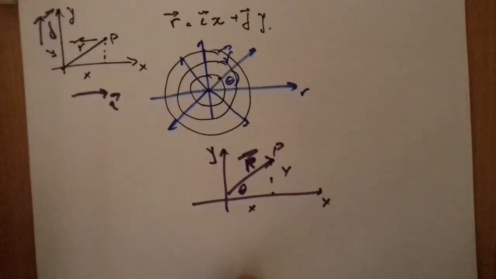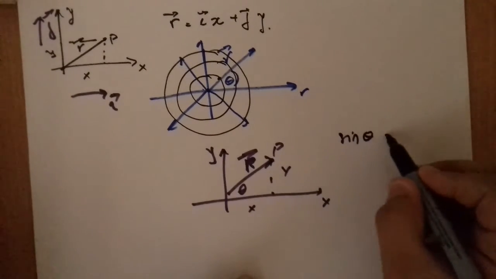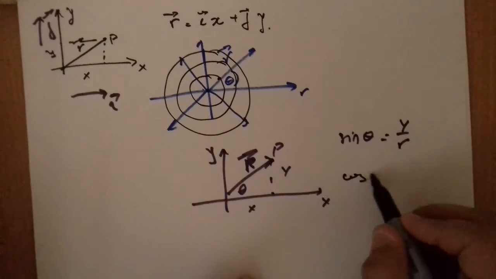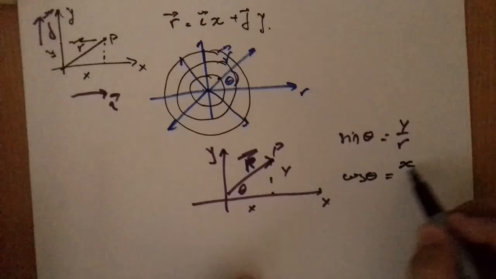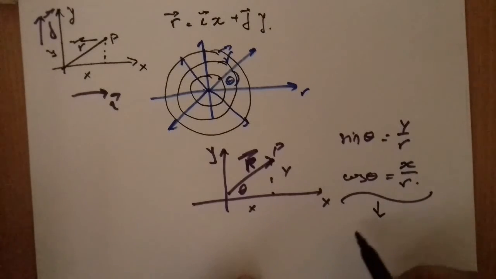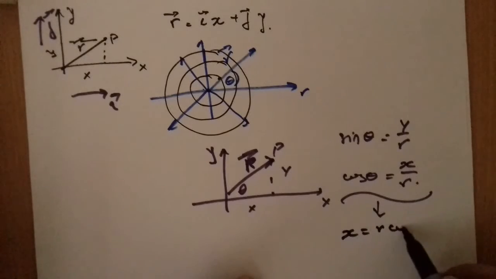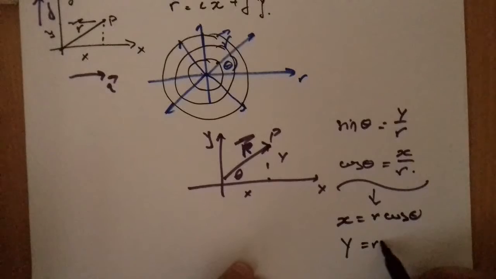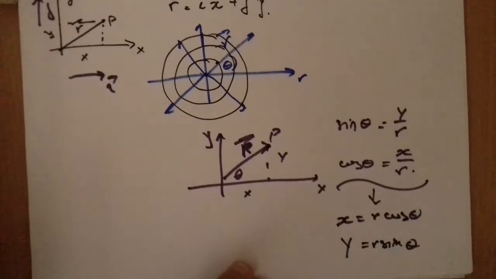So the sine of theta is y over r, and the cosine of theta is x over r. From those two we can find that x is r cosine theta and y is r sine theta.